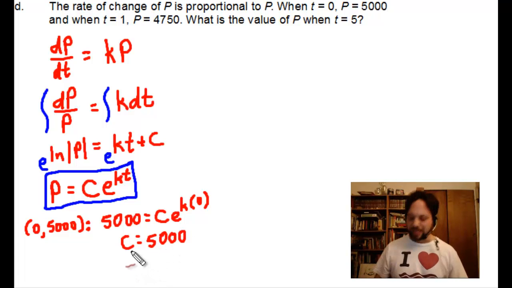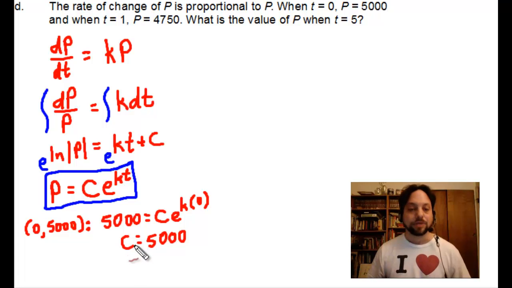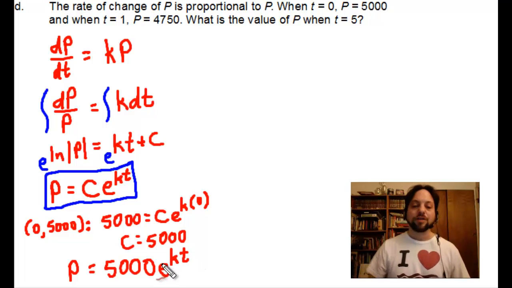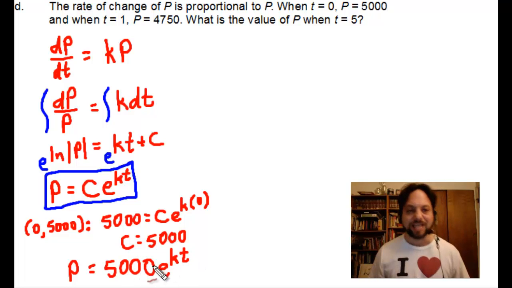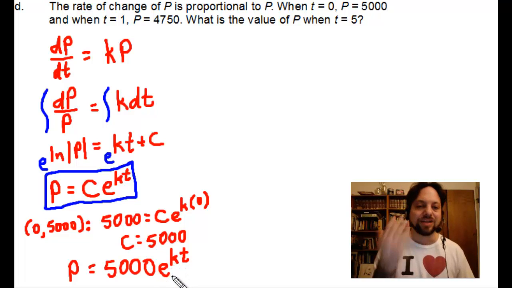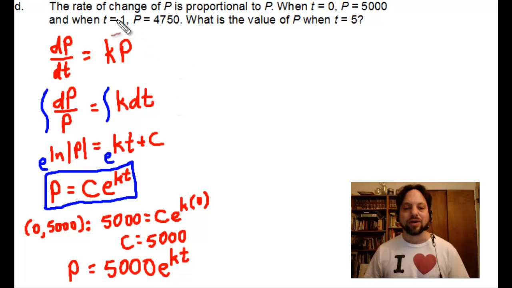And what that tells me then is I have a particular solution here, kind of, which is going to be P equals 5,000 e to the kt power. Unfortunately, I still have this k, this proportionality constant, and I can't just go on through life not knowing what k is.